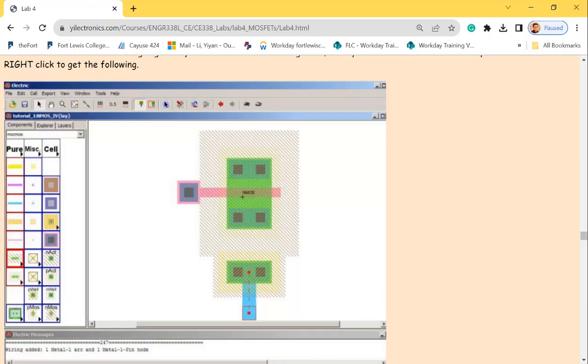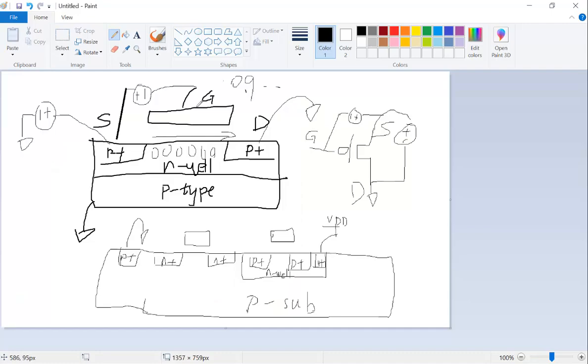Okay, so this is a gate material. It's called polysilicon. And the same thing. If you look at the gate, it's just above the transistor. So you also need a via here, right? You need a via to connect to the layer just on top of it, and then run metal one on it.